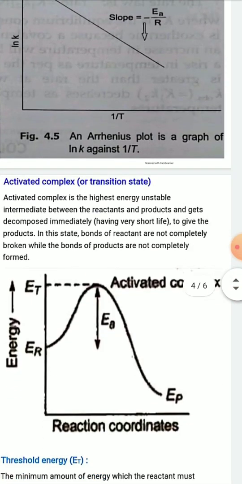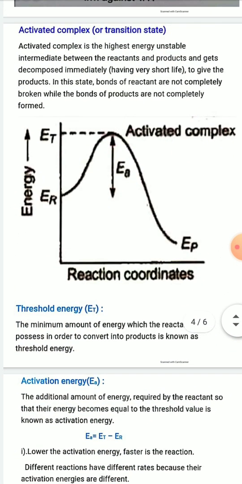Now, activated complex or transition state. What is an activated complex?